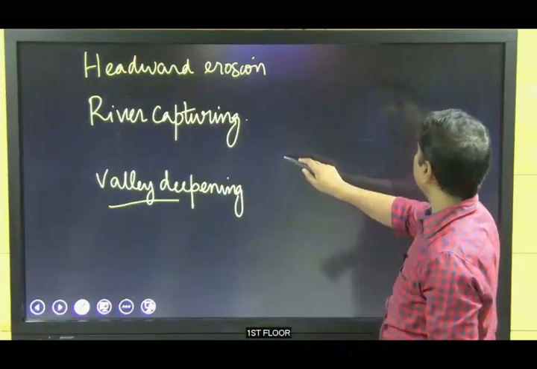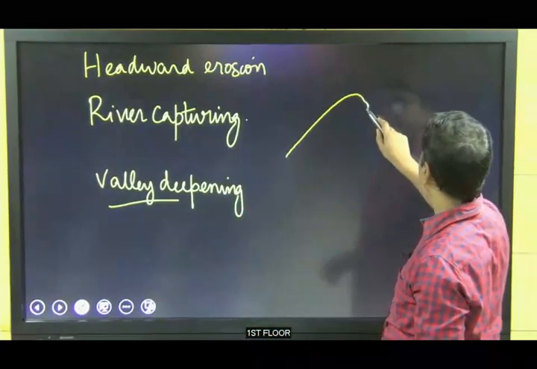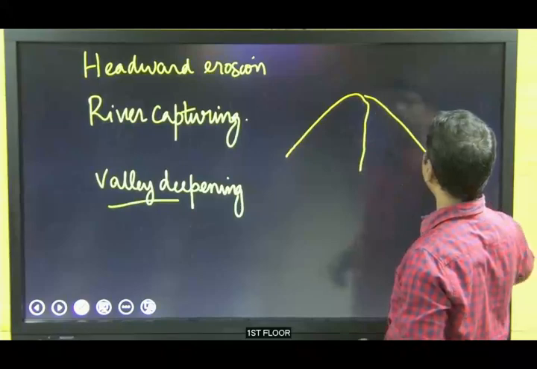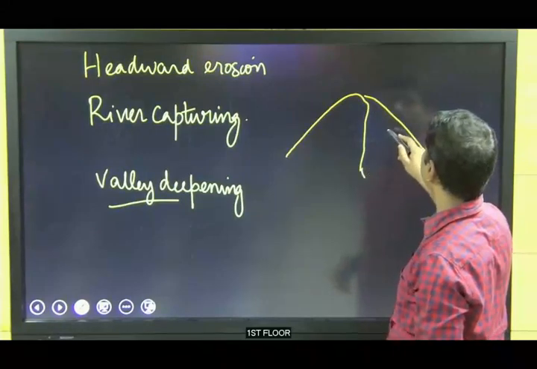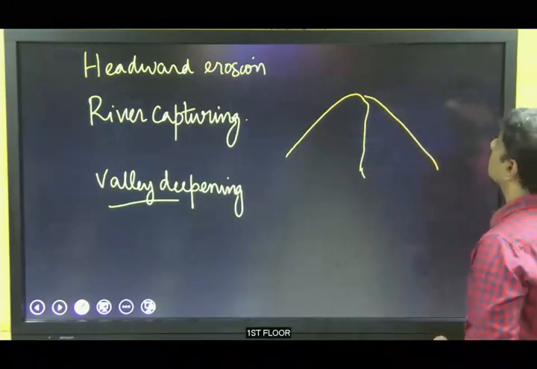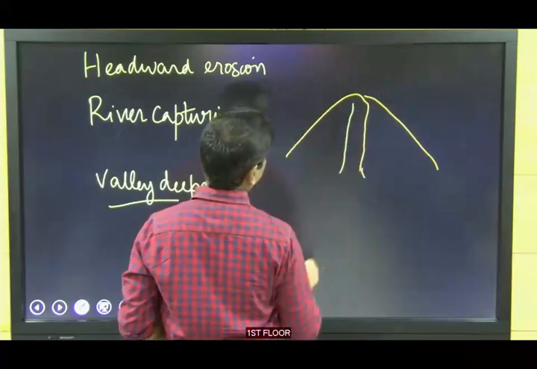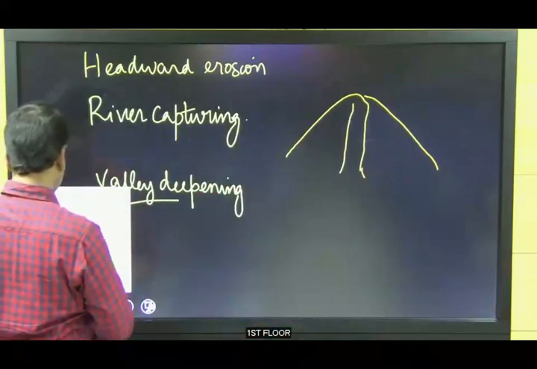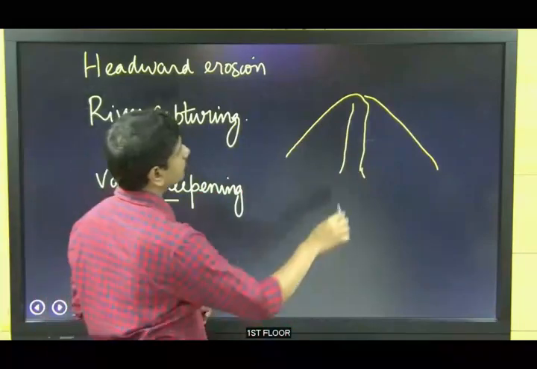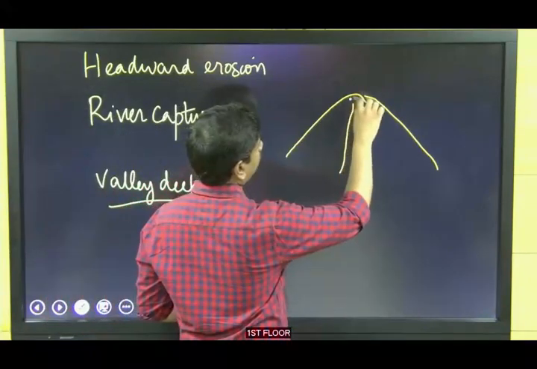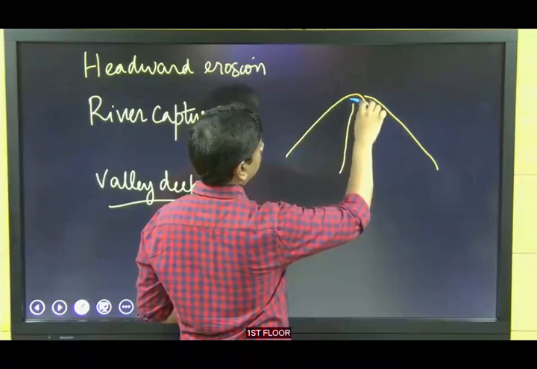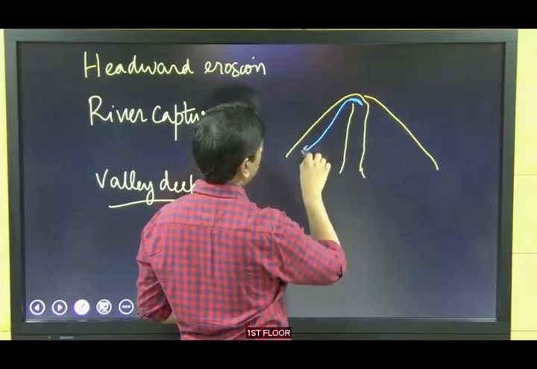A mountain is like this. This is one ridge, this is one ridge, okay. And here is a small ridge also here, okay. Some rivers are flowing. One river is flowing like this, taking a course and flowing like this.